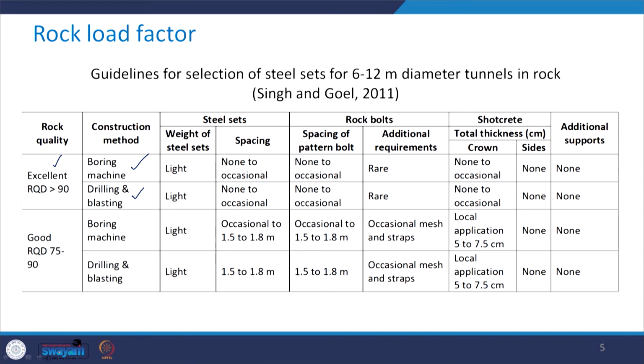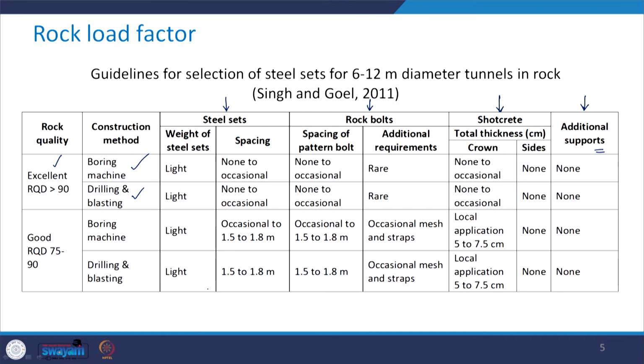The three types of support systems identified are steel sets, rock bolts and shotcrete, and if additional supports are required, they have been entered into the last column under the heading additional supports.